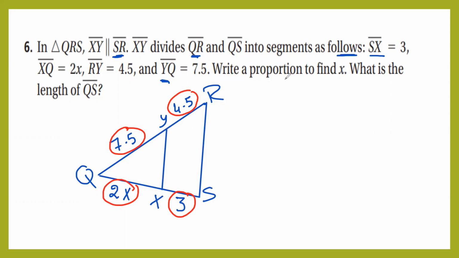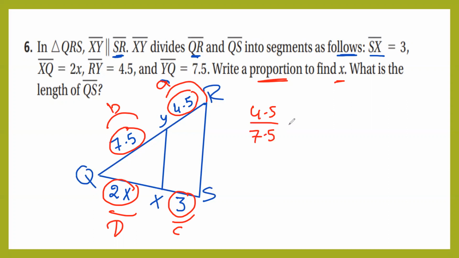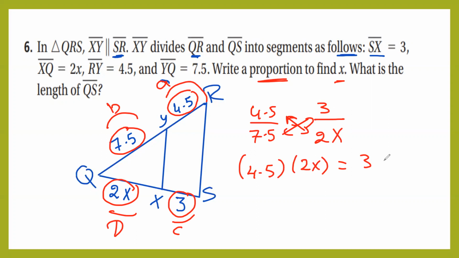Okay, here, what's the proportion to find the X? In the proportionality here, I said A over B equals C over D. This is A and this is B, so this is C and that is D. Okay, 4.5 divided by 7.5 equals 3 over 2X. Now cross product. So 4.5 times 2X equals 3 times 7.5.